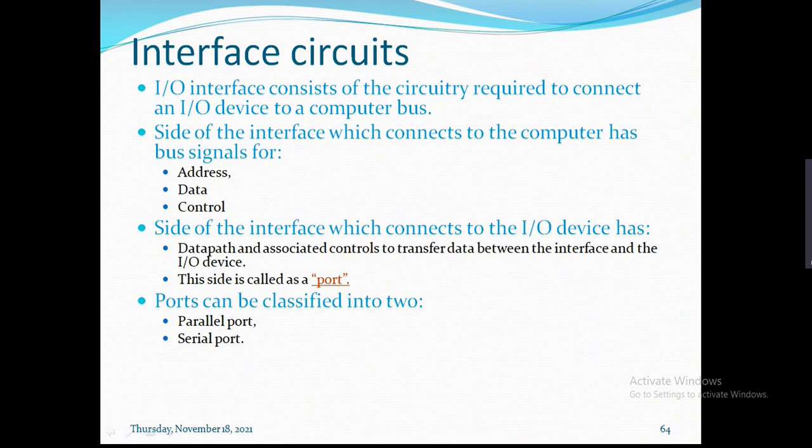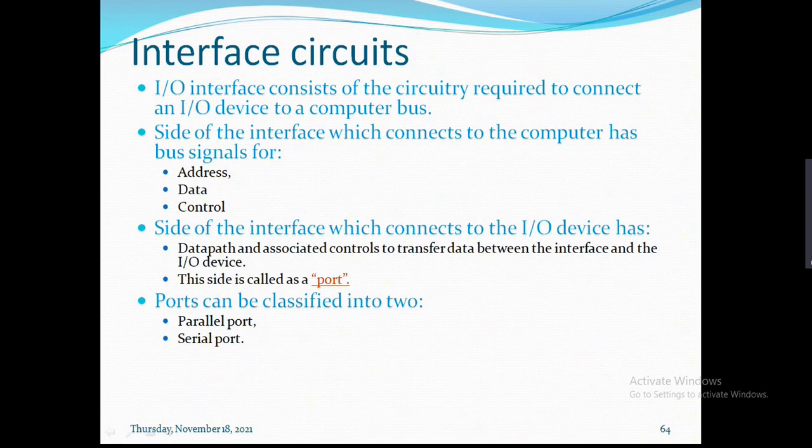The status flag is in the status register, where the processor can check whether the device has valid data in its buffer or not.